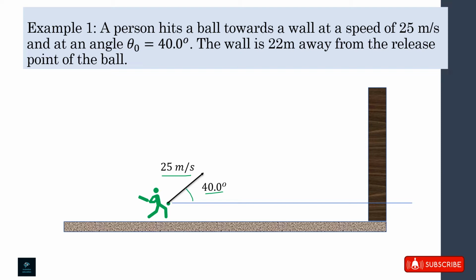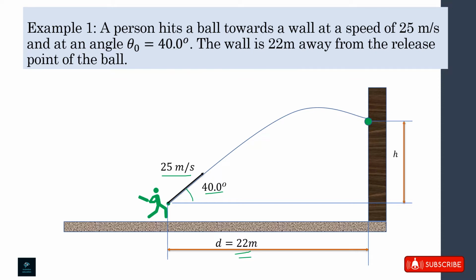The release point of the ball is 22 meters away from the wall. Once released, the ball moves like a projectile and hits the wall at a height h from its release point.